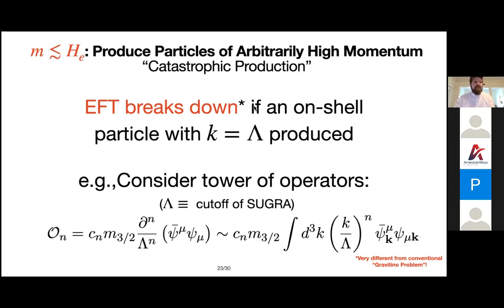The usual gravitino problem is more of an inconvenience for anthropic considerations, which is to say the universe becomes dominated by gravitinos, or the gravitinos overclose the universe. That's really a shame for us, because we can never come to be. But the theory at all times is well posed. The quantum field theory that describes these gravitinos never breaks down at any point. But here it's really a breakdown of the theory.